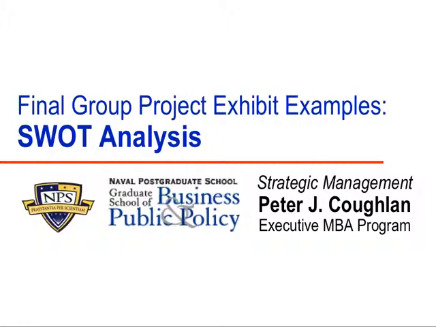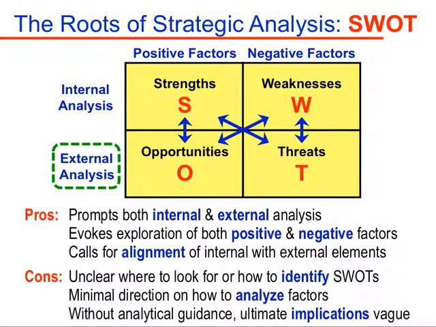Another thing you could do, and I haven't had any students do this, but I'm just putting it out there as we talked about, you certainly could do a SWOT analysis. You could do some sort of diagram of the SWOT analysis, the strengths, weaknesses, opportunities, and threats. I haven't had students do that, but you certainly could.